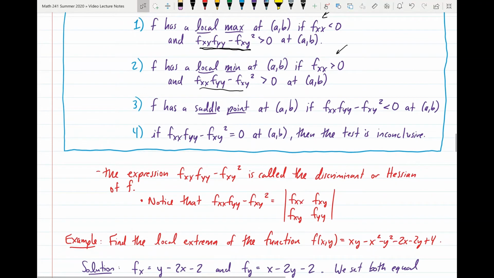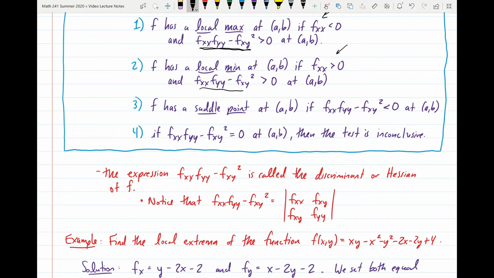Now for the third part of our test, f has a saddle point at the point (a, b) if that f sub xx times f sub yy minus f sub xy squared term is less than 0 when we evaluate at (a, b). Notice that in case 1 and case 2, that expression was greater than 0 in both cases.